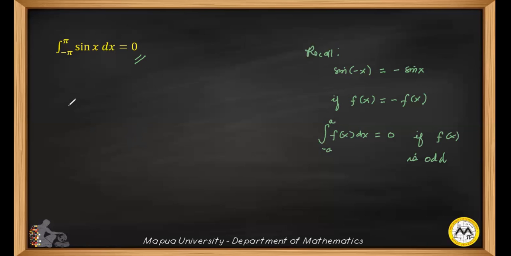Now, on the other hand, if we are going to evaluate the integral of cosine of x dx from negative pi to positive pi, then we can consider the theorem on definite integrals that the integral of f of x dx from negative a to a is twice the integral of f of x dx.